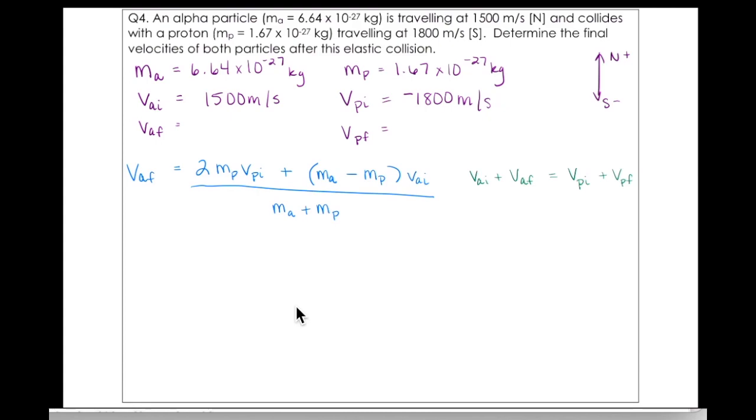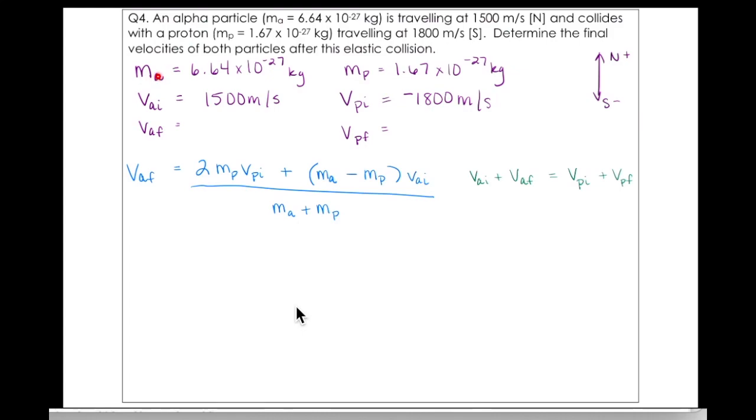We have an alpha particle traveling 1500 meters per second north that collides with a proton traveling 1800 meters per second south. Determine the final velocities of both particles after this elastic collision. You'll notice that I first determined my directions: north is positive, south is negative. I then wrote out the variables they gave me in the problem.